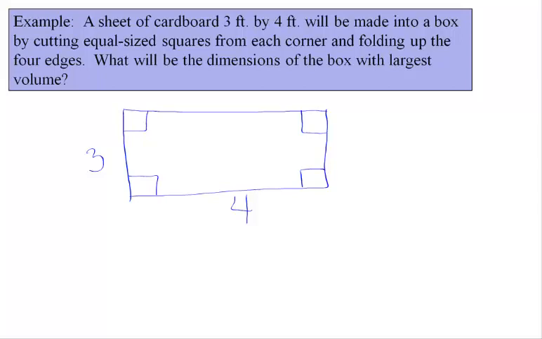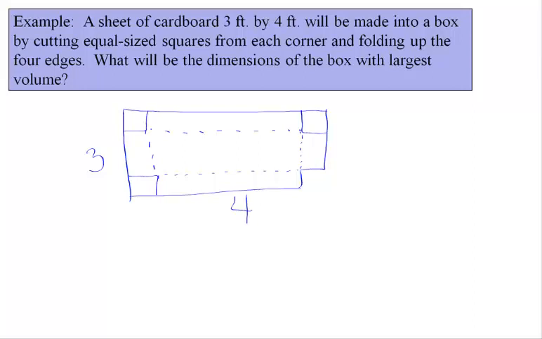So I'll just, here, that's actually going to be cut out. And we would fold along there and along here, and I think you can begin to see how we would wind up with a box with 4 sides.